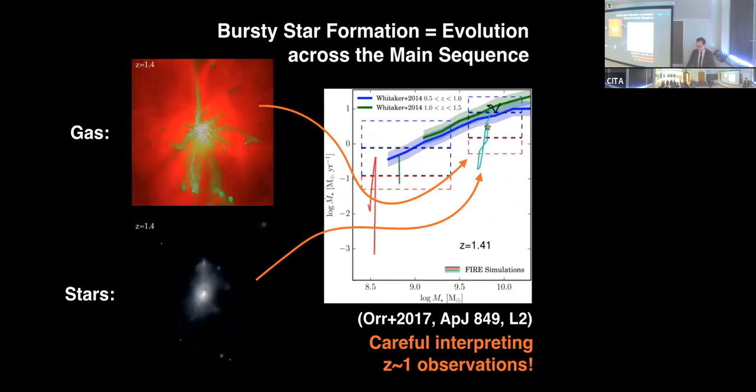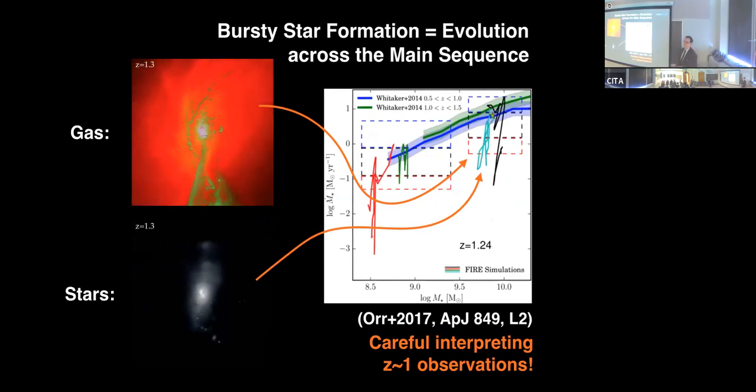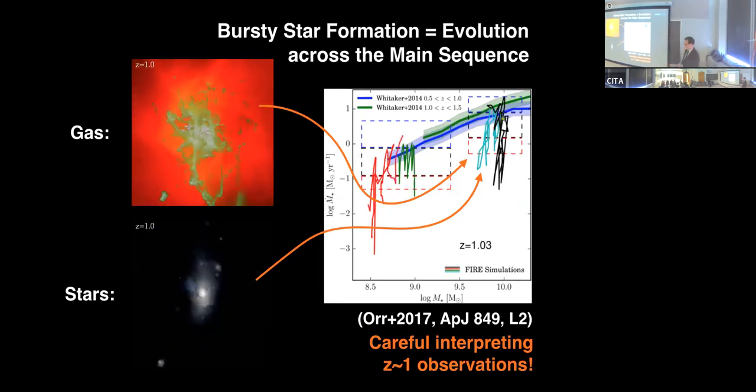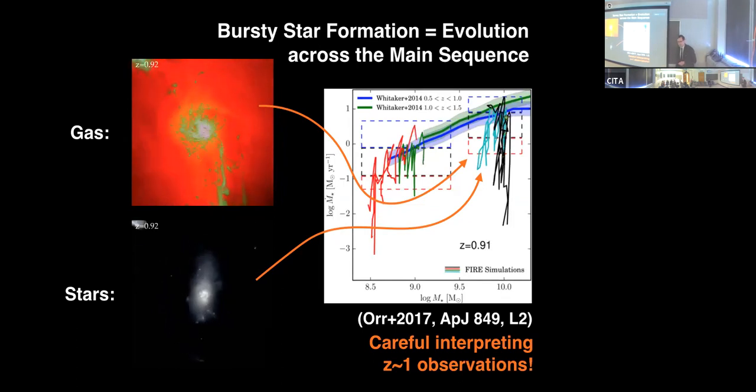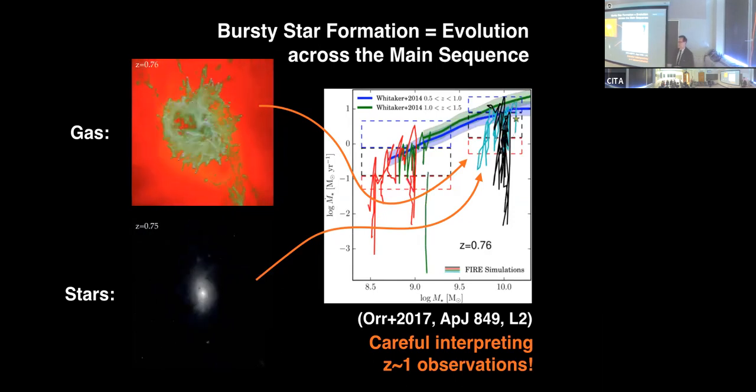Now, a fun hint of this was a project that I'd worked on thinking about where scatter in something like the star formation main sequence comes from in a population sense, where if you put the star formation rate of galaxies on one axis and their stellar mass on the other, in reality, we see some scatter about the mean relation, scatter on the order of 0.3 or so dex, depending on who you ask.